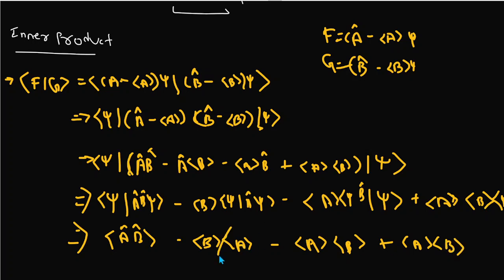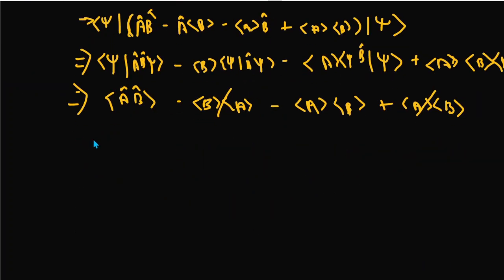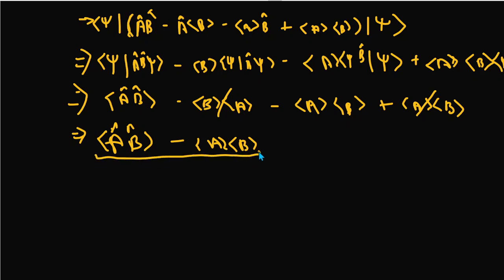So this and this will cancel out. What we are left with is this form: the expectation value of A cap B cap operator, and the negative of the A expectation value and the B expectation value. So remember this result.